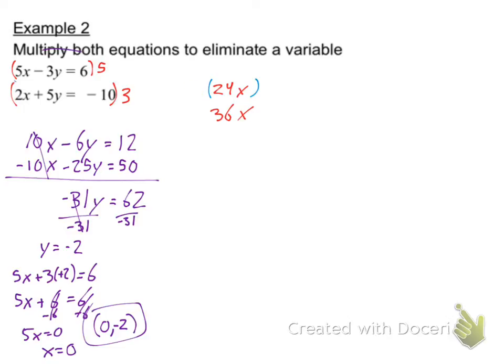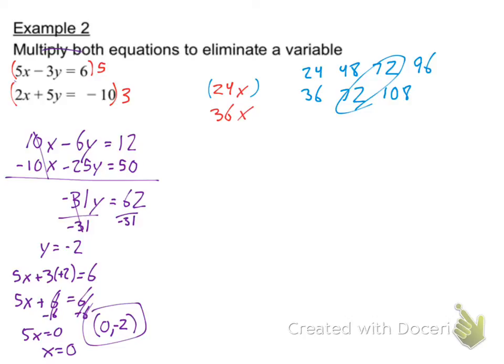So let's think. 24, it'd be 24, 48, 72, 96. But if I start at 36, then I go to 72, and then 108. Oh, wait a minute. They both run into 72.